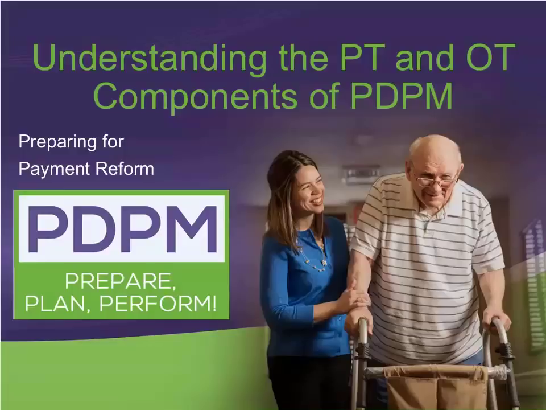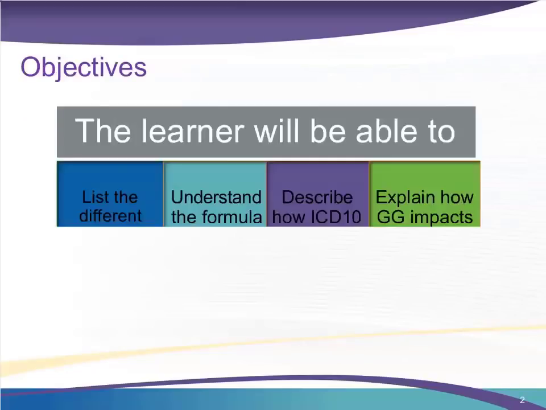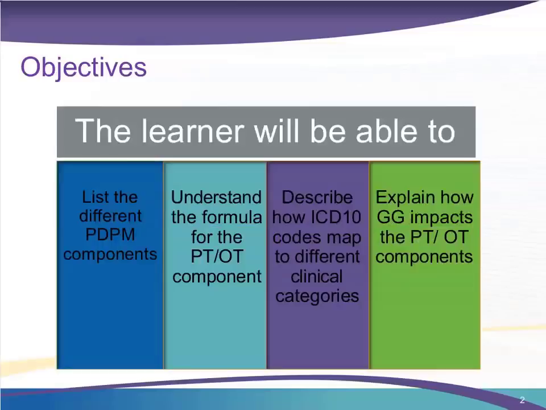Today we're really going to be drilling down and understanding more about the components for the PT and OT sections of payment for PDPM. So just in brief, the objectives today are we're going to briefly go through the PDPM components and understand the formula.